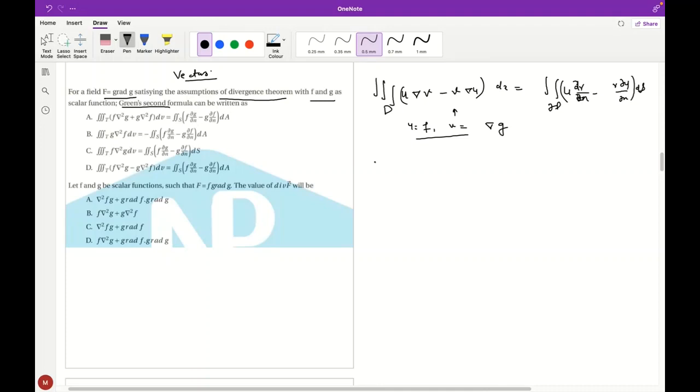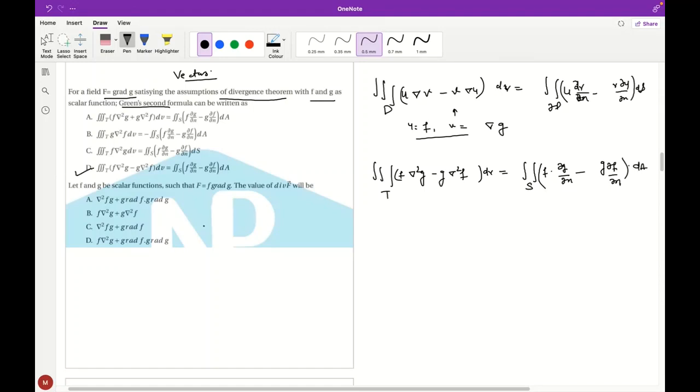We will get the integral over D of f del square g minus g del square f dV equal to the integral over S of f del g over del n minus g del f over del n into dA. So your fourth option is correct.